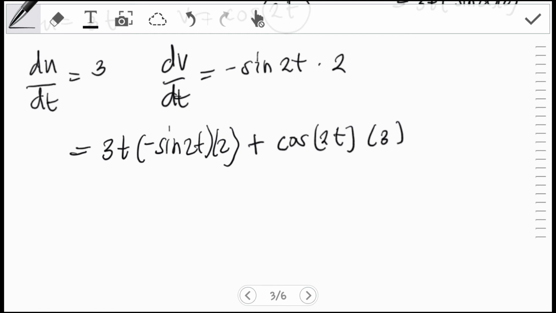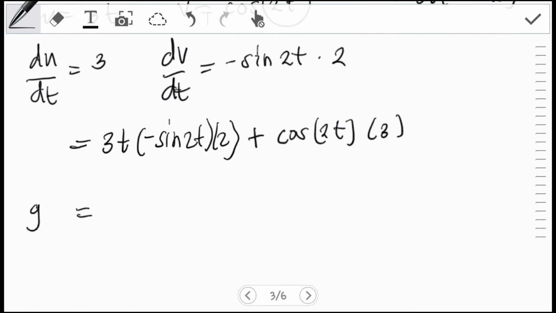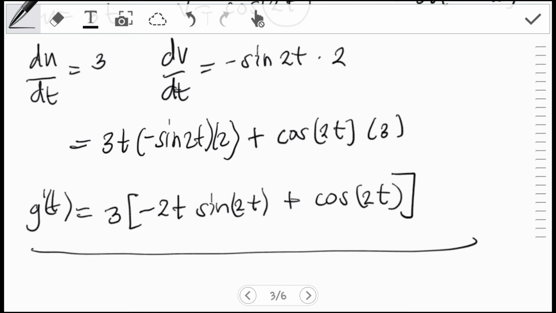So therefore, the first derivative of g of t is equal to 3 times the negative 2t sine 2t plus cosine 2t. So that is the final answer.